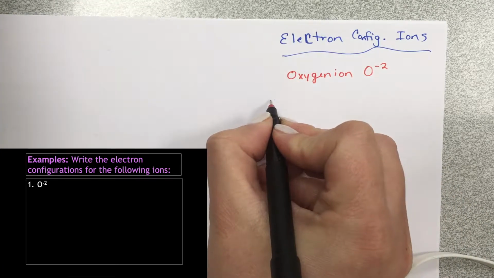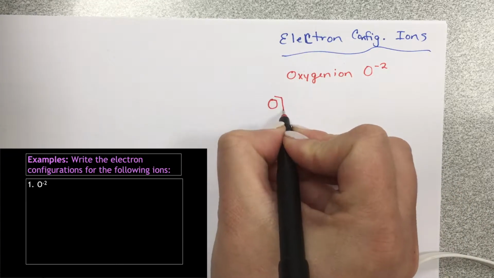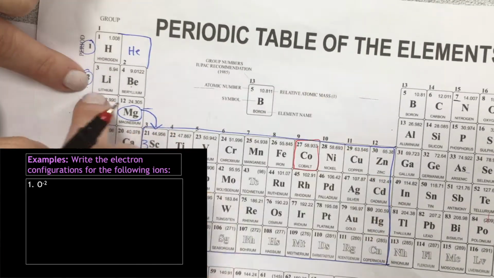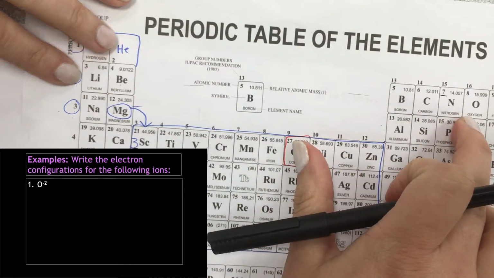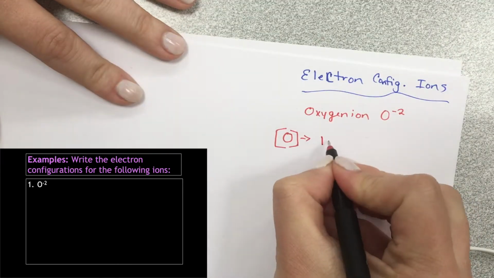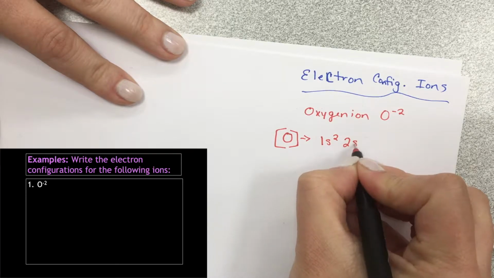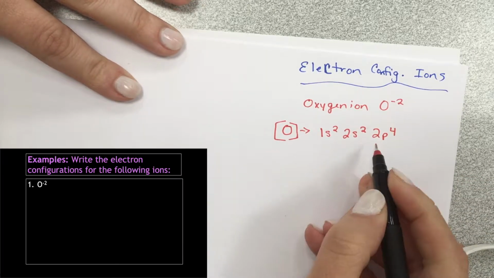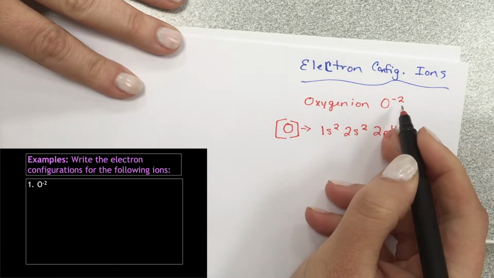So electron configuration for just the neutral oxygen is 1s2, 2s2, 2p4. Okay, that's the electron configuration for oxygen if it didn't have a charge.